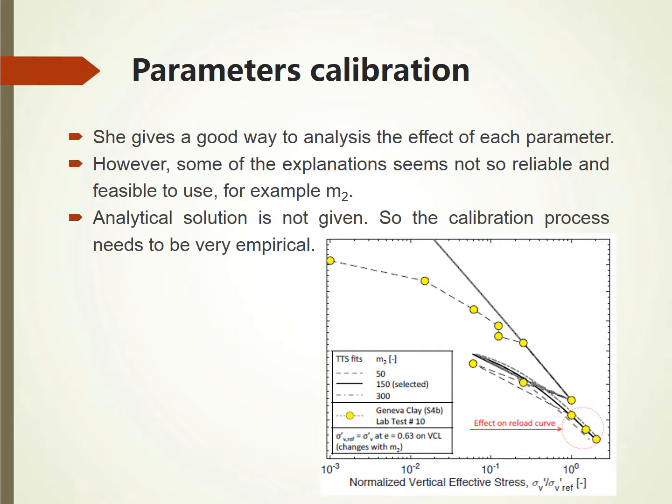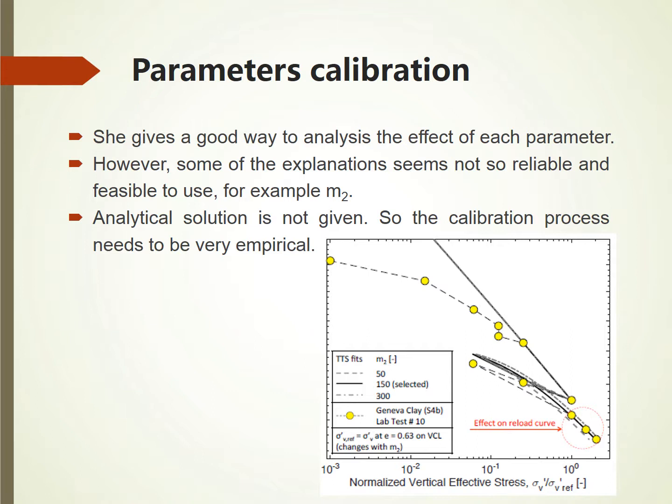For example, for the parameter M2, she said that M2 affects the intersection point between the VCL and the reload line.